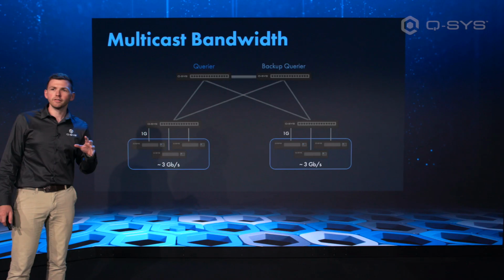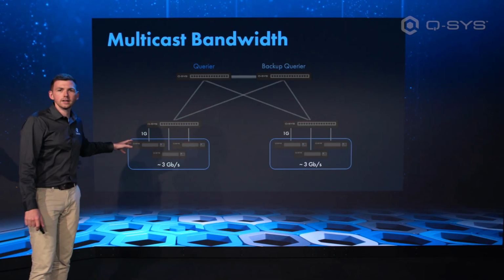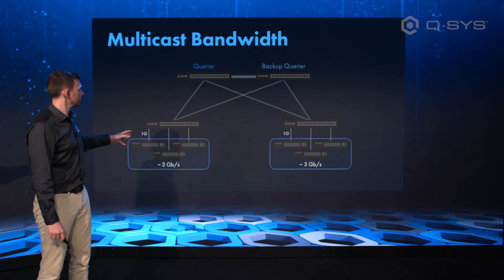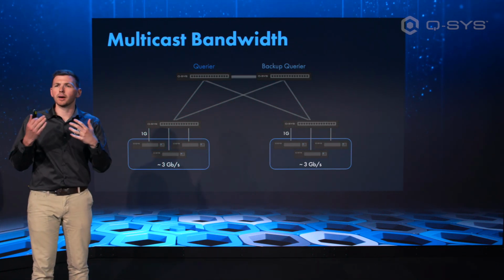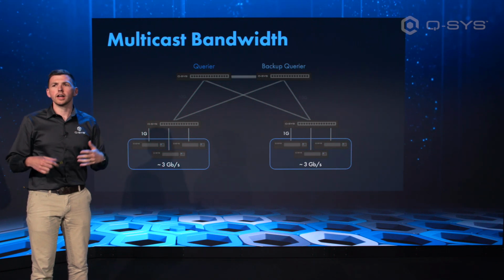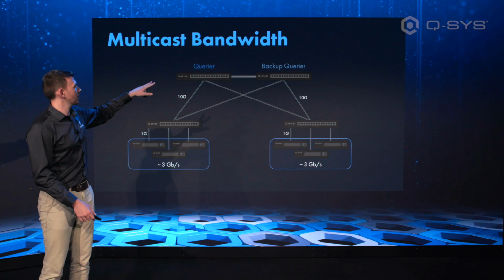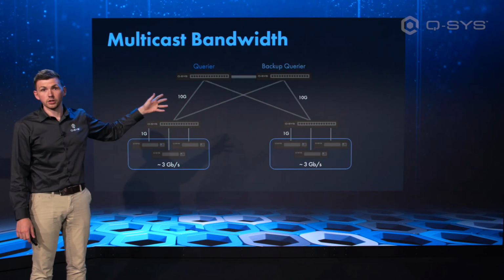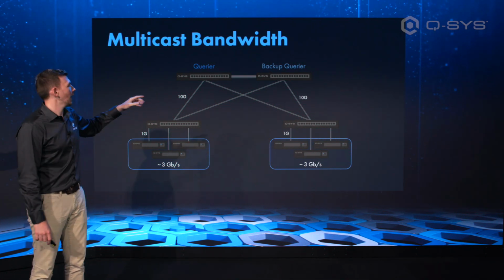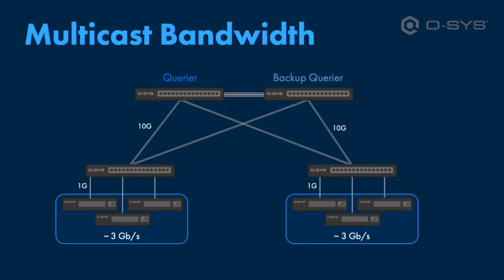Now remember, the video devices themselves, they are 1 gigabit devices maximum. So that means that you might need to think about the uplink as being more like 10 gigs, something like that. And in this example, we've actually got a redundant core switch set up, which you can do, of course, if you want to. And there's going to be a link between those. So maybe that's going to be another level up. So maybe that's a 25 gig link between those.